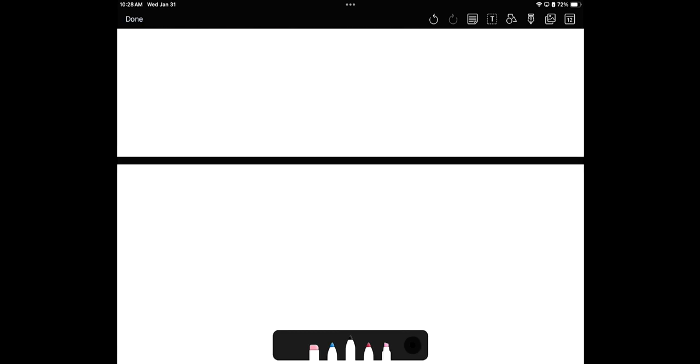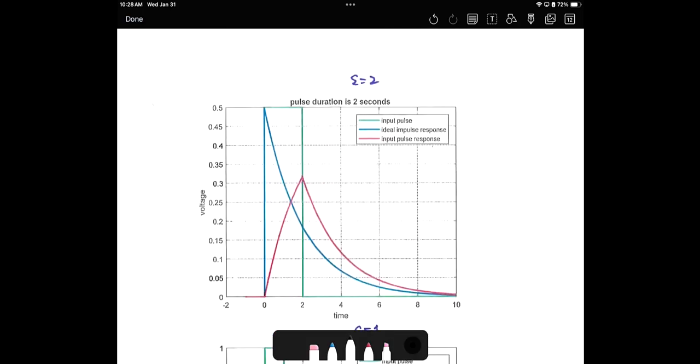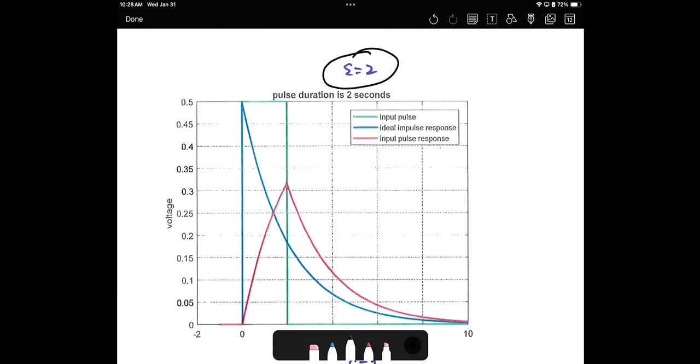I used MATLAB to plot when epsilon equals 2 seconds. This is the ideal impulse response, what it's supposed to be. If I do it by myself and I'm slow, so it takes me 2 seconds, here is how the response looks.